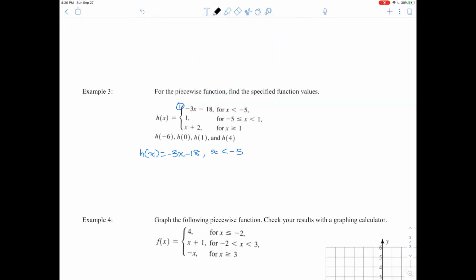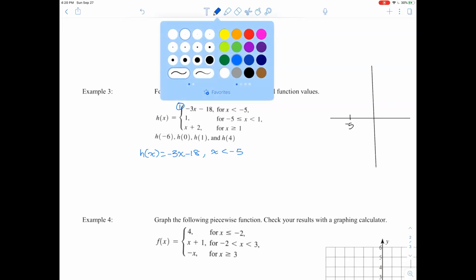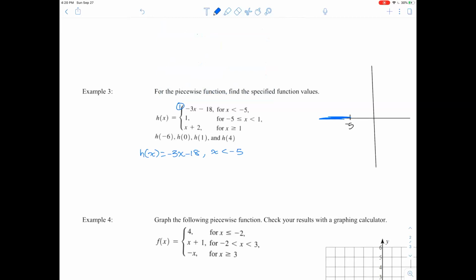If I were to graph that, if this was -5, I would only be able to graph this blue function in that part, and I'd have to keep that open, because that says less than -5, so I couldn't include x equals -5 in that first piece of the function. Okay, so that's where that function would go.